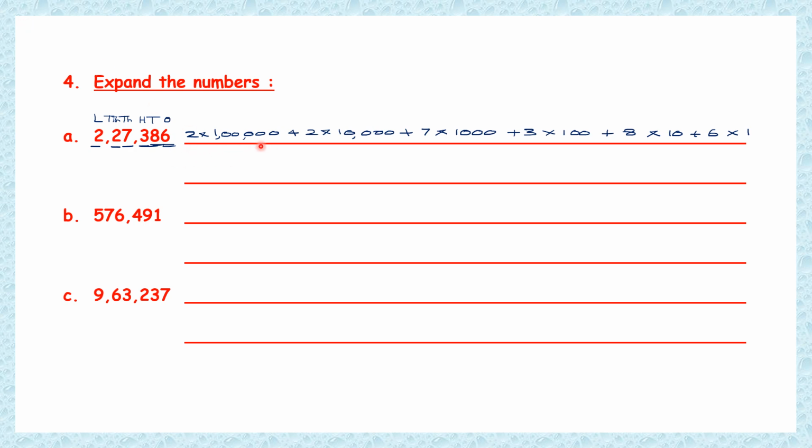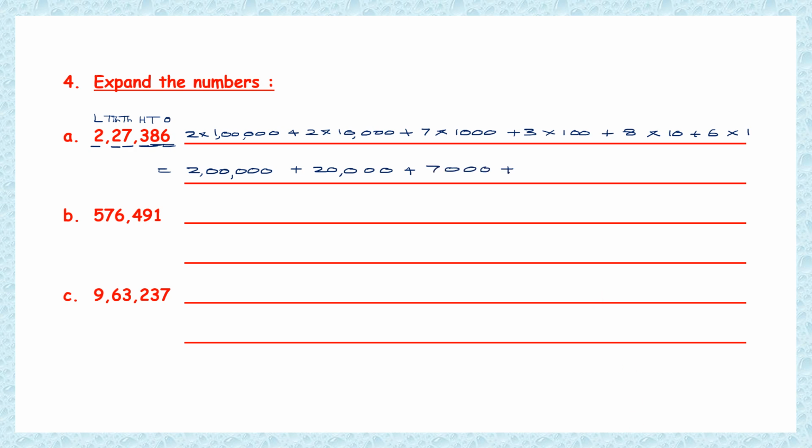Now we have to multiply these. So 2 into 1 lakh is 2 lakh. So let's write that here. So that is 2 lakh. Plus, now we multiply 2 into 10,000 and that is 20,000. 2 into 10 is 20, isn't it? So 20,000. Plus, we multiply the next one. 7 into 1000 is 7,000.